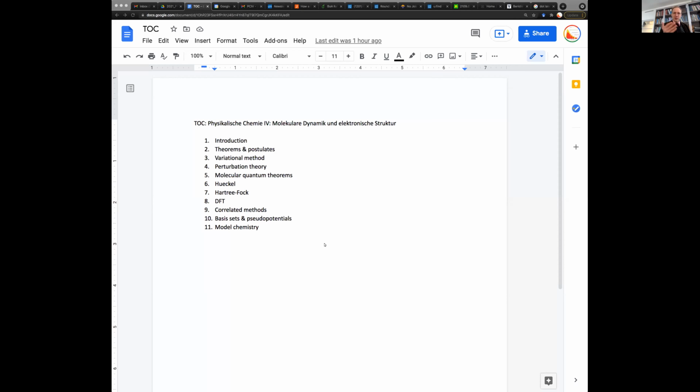Up to 5, it's more derivations and relationships. And for chapters 7, 8, and 9, you typically need a computer to solve the equations. And maybe in the exercises, you will also discuss one such computer program, how it might look, but this will be up to Moss.